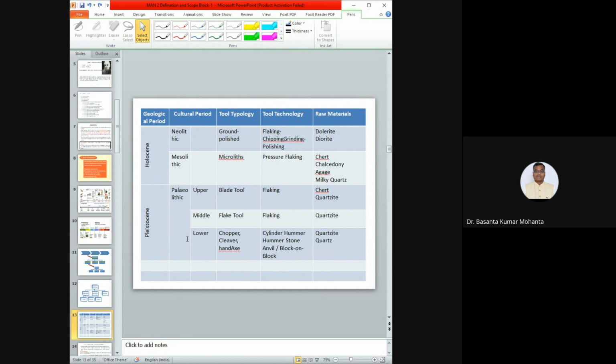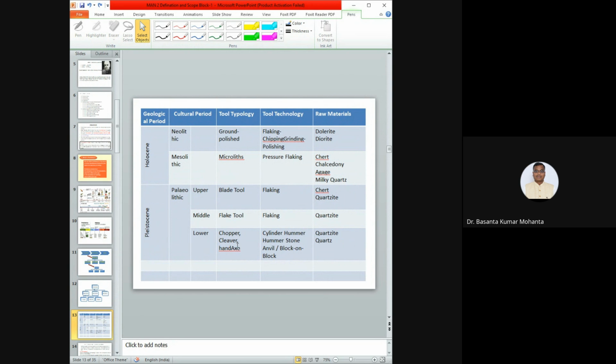These stone tools include chopper, cleaver, and hand axes. Similarly, during the Middle Paleolithic, the prehistoric people were using basically flake tools. And in the Upper Paleolithic, they were using blade tools. During the Mesolithic, they were using microliths. During the Neolithic, they were using ground and polished tools.